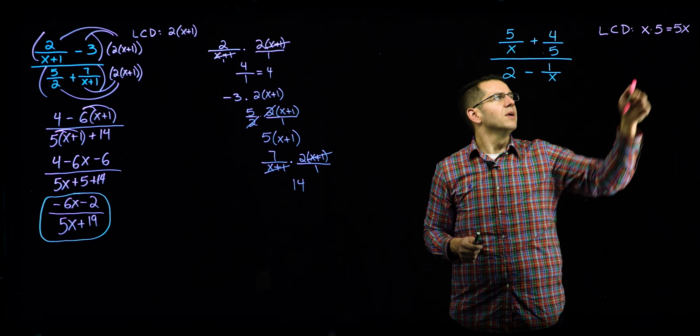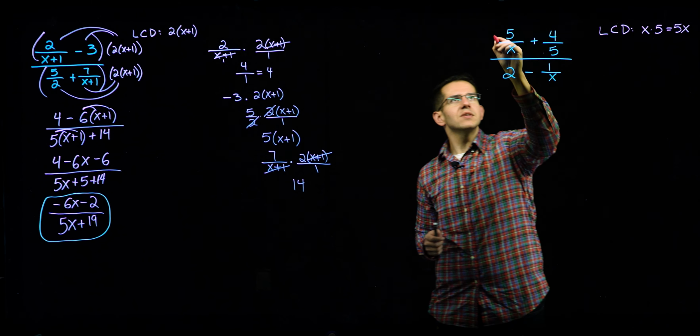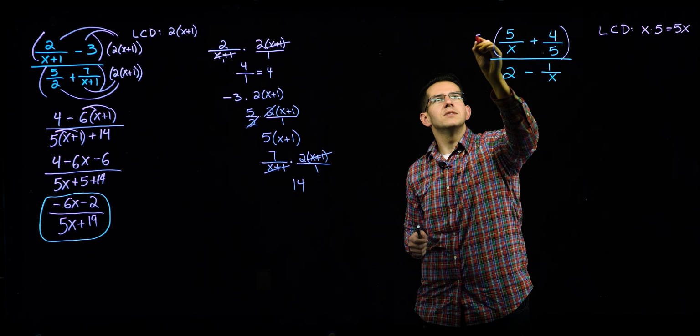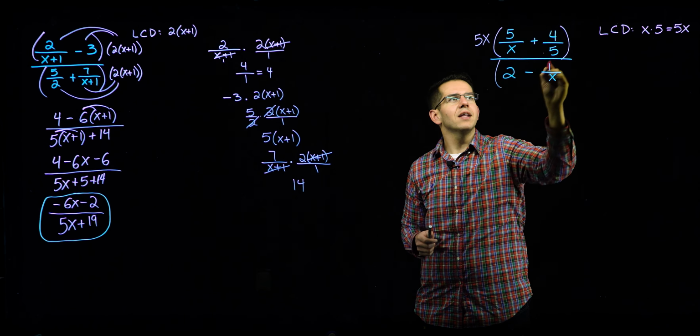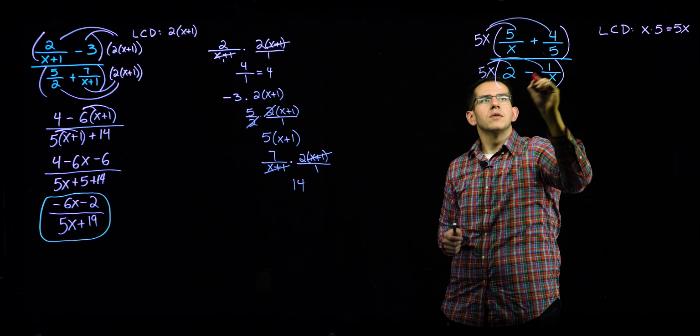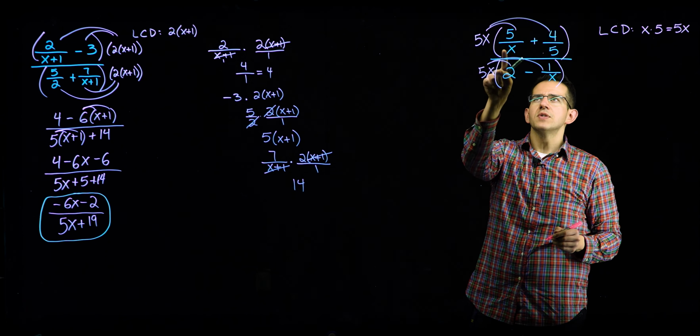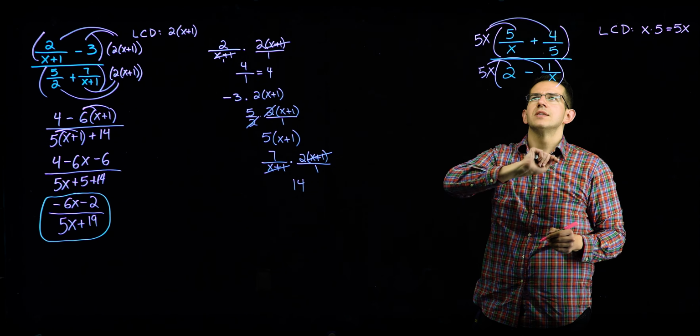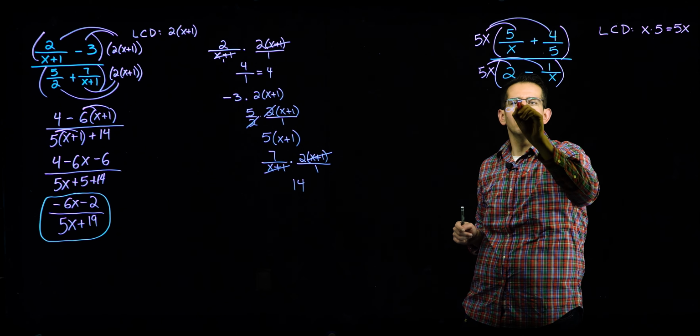Not the case here. We're going to take this 5x and multiply it to the numerator and to the denominator, distributing it in each case. In the first case, we get 5x times 5 over x. Well, the x's will cancel out, leaving us with 5 times 5 is 25.